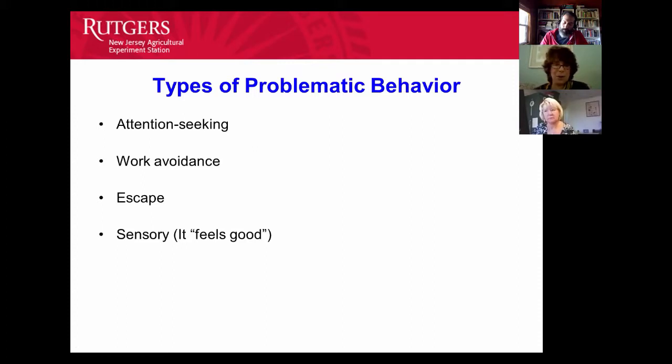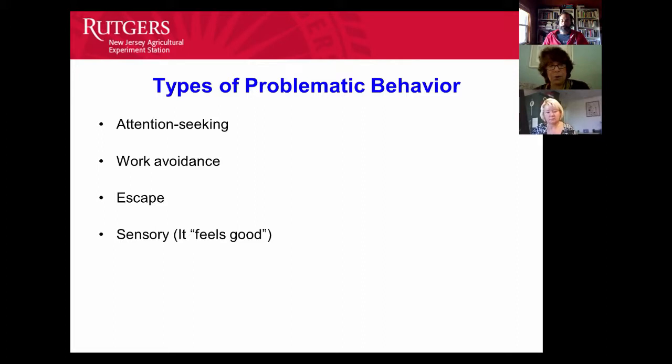Behavior may also occur because the individual is trying to avoid the work, possibly out of frustration, or they may need an escape from the environment, kind of tied up with sensory, maybe some sensory overload. Or the behavior itself might be sensory. It might feel good in some way to the learner. It might sound good, feel good, taste good, even look good.